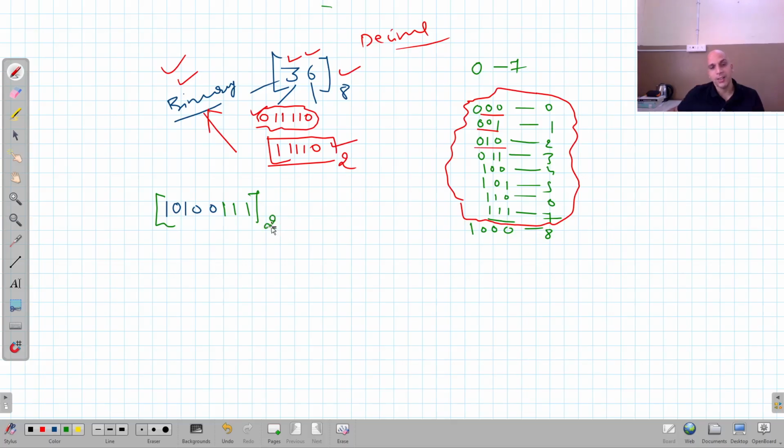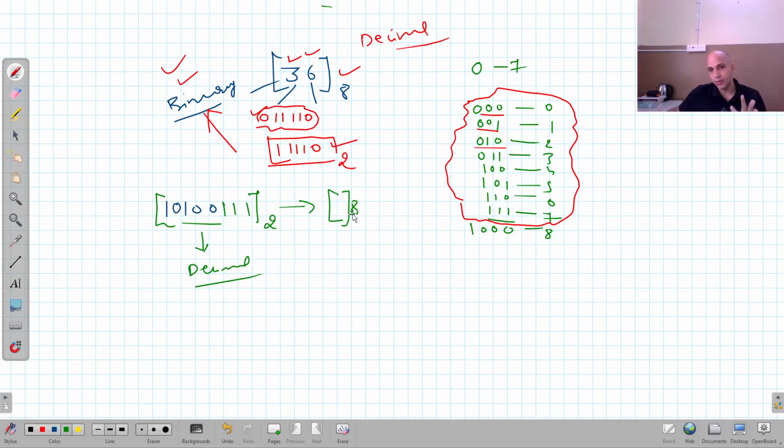And I am asked to convert this number into base 8, right? Now, how can I do it? Again, there are 2 ways. One is to first convert this number into the corresponding decimal by taking the place values. Then convert that decimal number into the corresponding octal by taking the division, octal table. But that is a lengthy process, right? That will waste time.